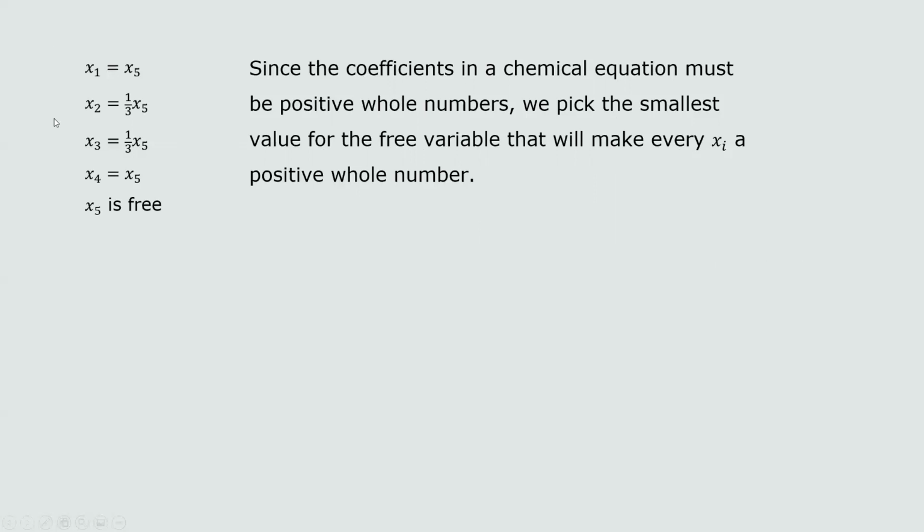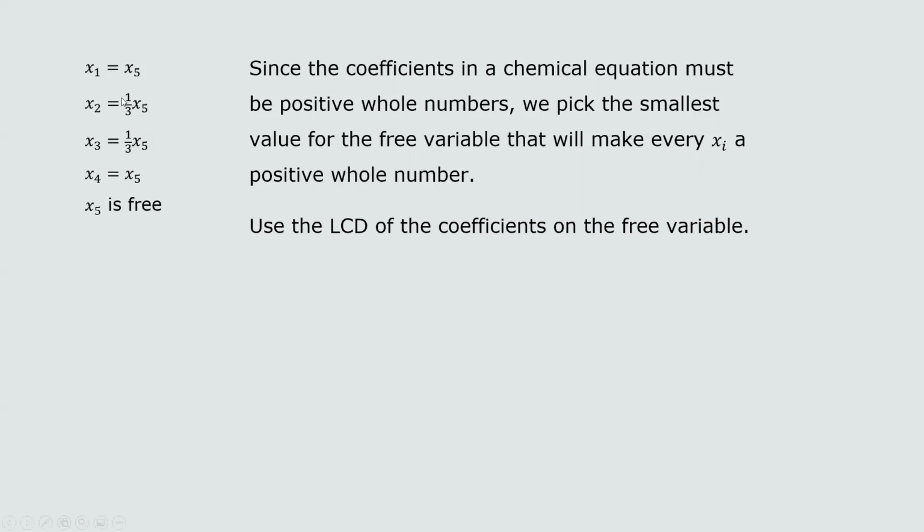So if you look at our solution, we have a 1/3 x5 and a 1/3 x5. If I let x5 equal 3, then x2 and x3 will come out as whole number coefficients. So you use the lowest common denominator of the coefficients on the free variable.